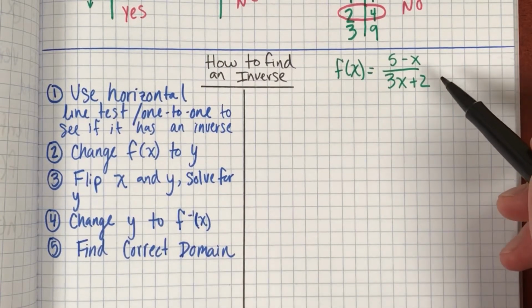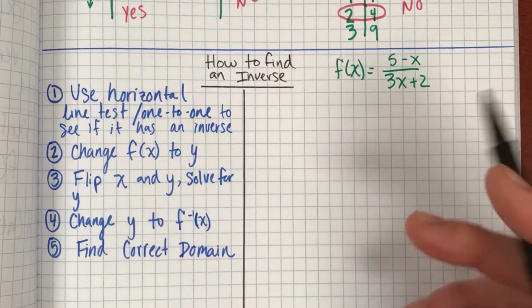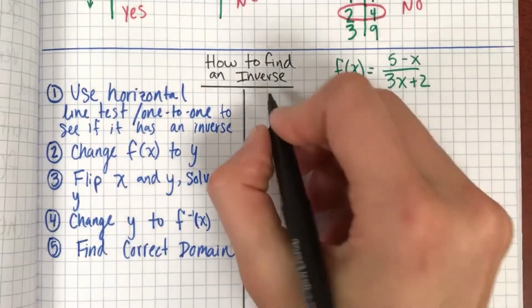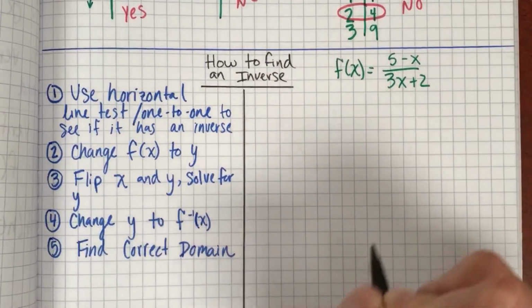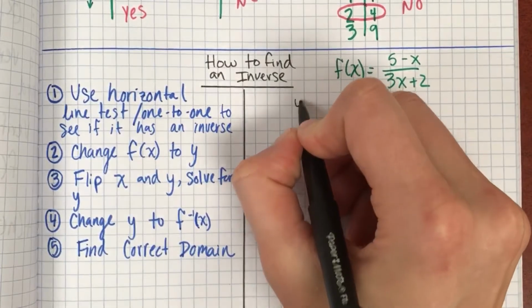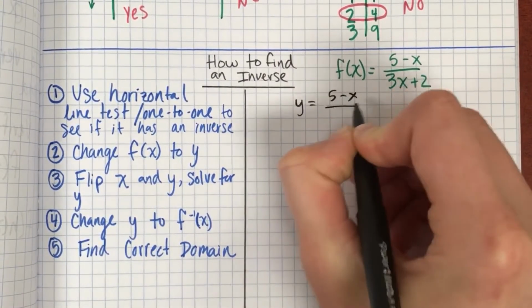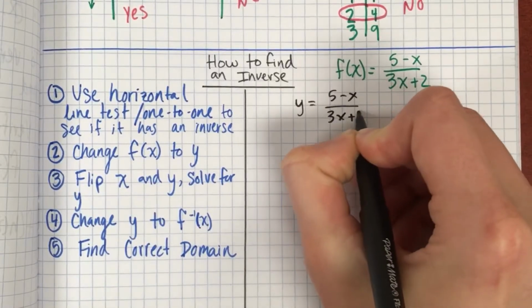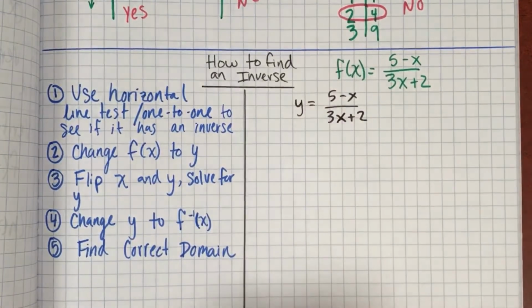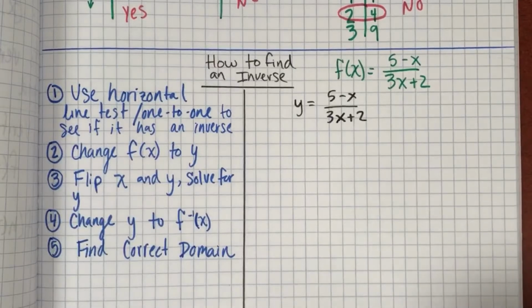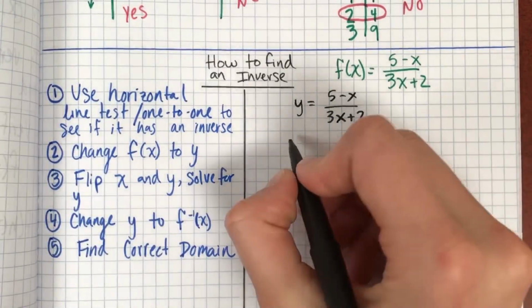This is just a rational function. And so then we're going to move into our steps. So first of all, change f of x to y. So we have y equals our function. And then we flip our x and y and solve for y.